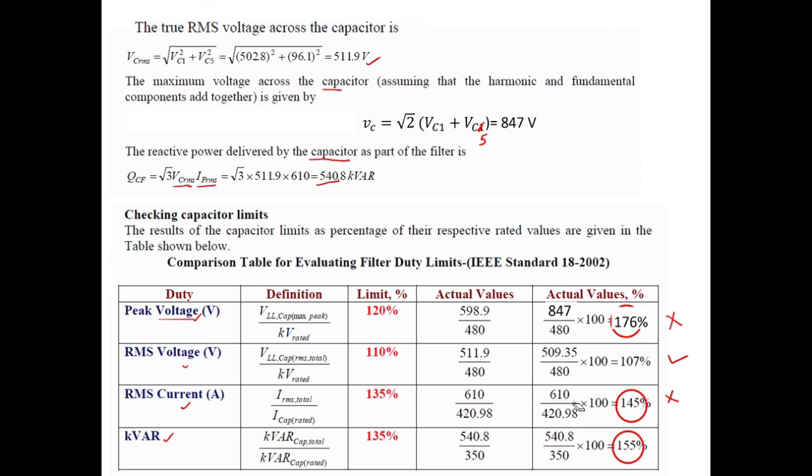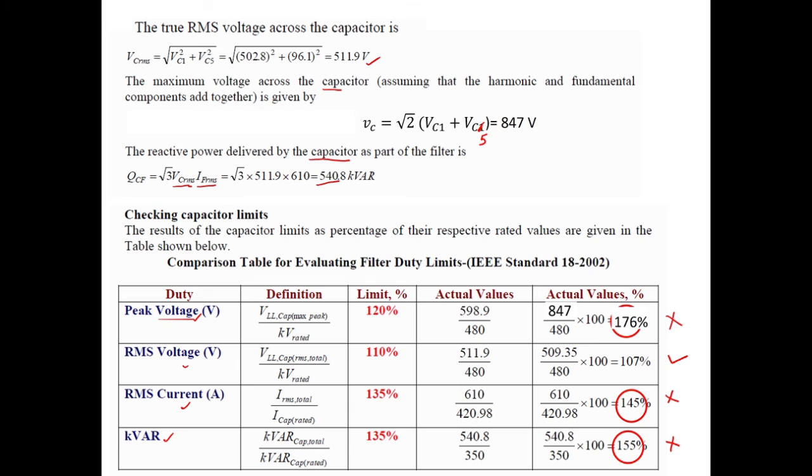If we look at the kilowatt, the calculated one is 540 and the rated is only 350, so that also exceeds the limit. Therefore the capacitor that we have chosen to be 350 kilovolt ampere will not satisfy the IEEE standard limit.